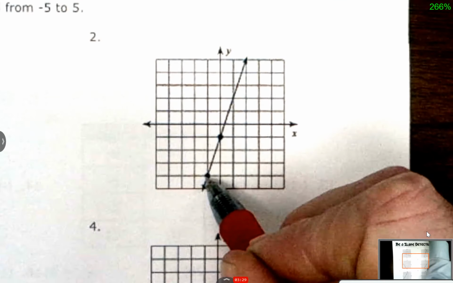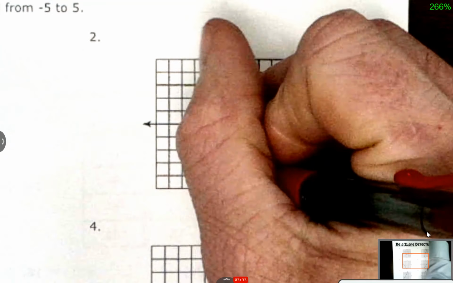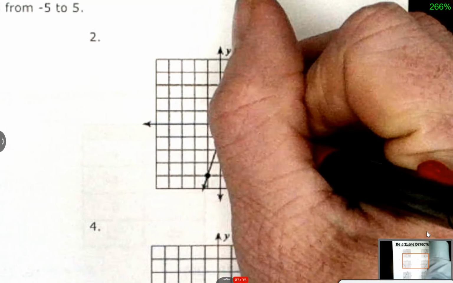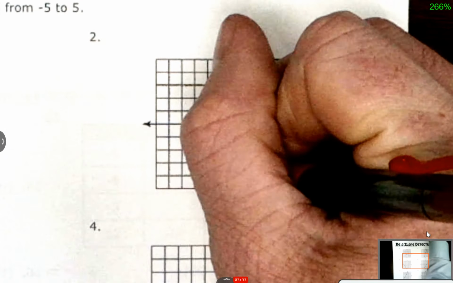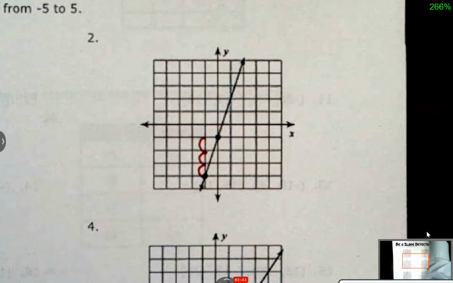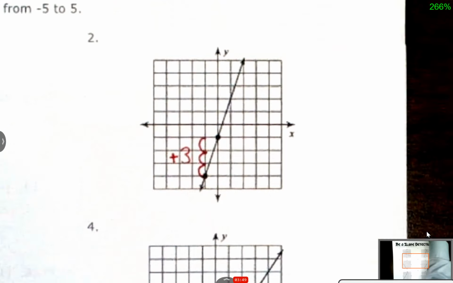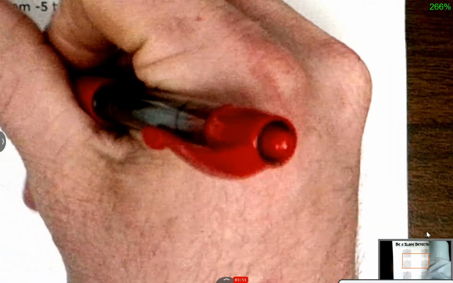Hopefully you paused it. Here's my left point. I'm going to start with that. My rise: how much does it take for me to reach the height of this other one? 1, 2, 3. This time, did I go up or down? Up. So my rise is +3. Rise equals 3.